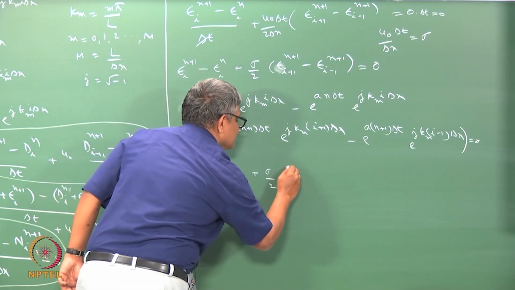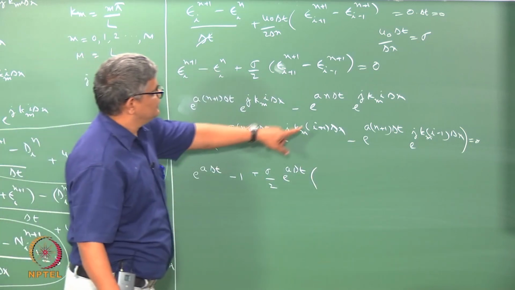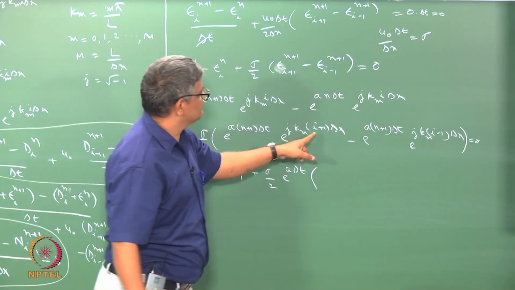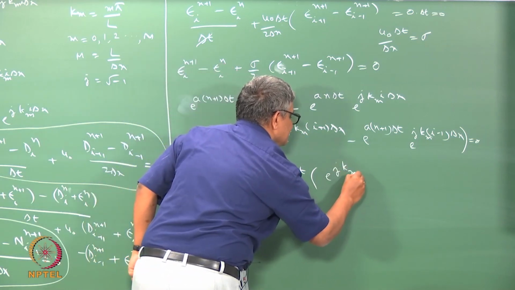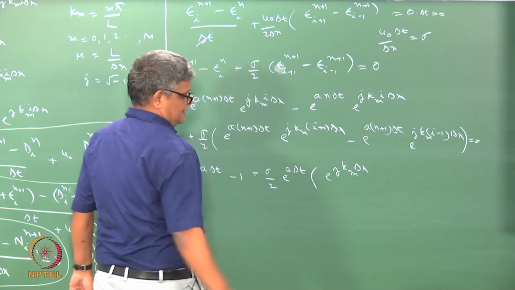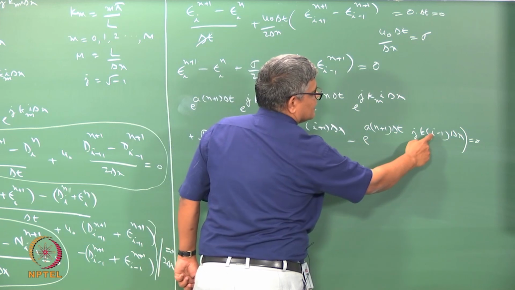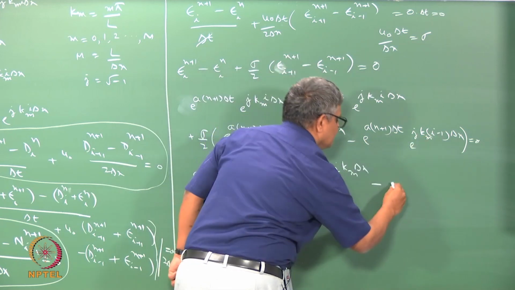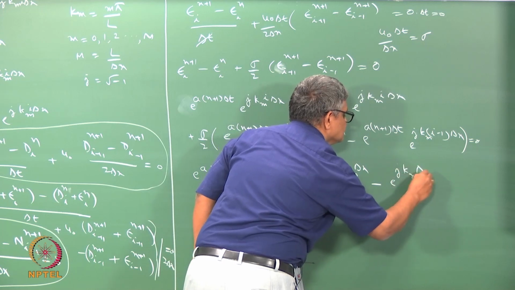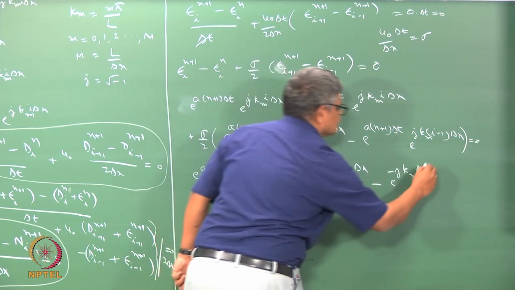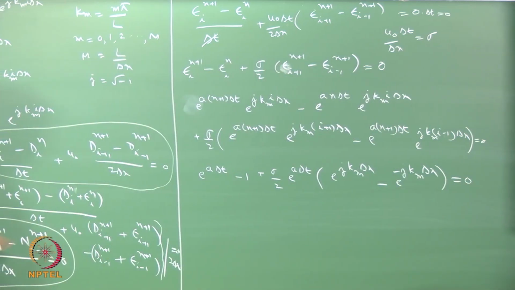So, we can write this as exponential of a delta t times, here in this km I delta x cancel out, we will have e j km delta x minus, here again this is already considered, and I delta x will cancel out, and we will have minus j km delta x with the minus sign, and this whole thing is equal to 0.